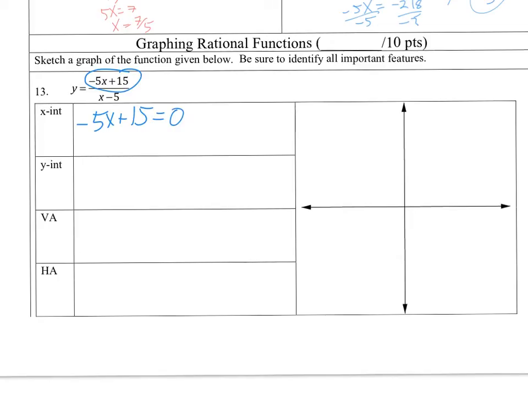Minus 15 to both sides, divided by -5, I get x is equal to +3. Okay, let's draw that in: 1, 2, 3. I'm going to find a y-intercept. A y-intercept happens when I plug in 0 for x. So we get -5 times 0 plus 15, over 0 minus 5, which is equal to -3.